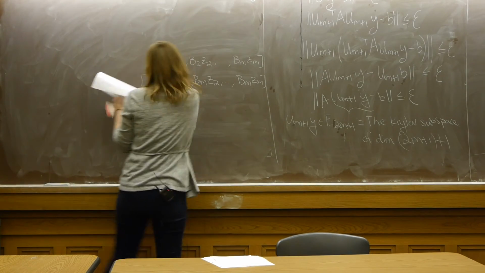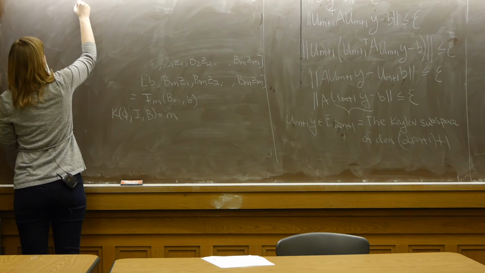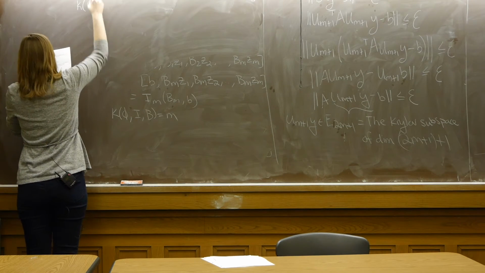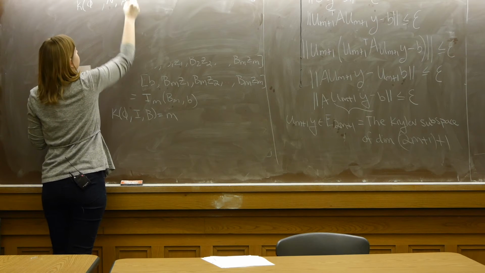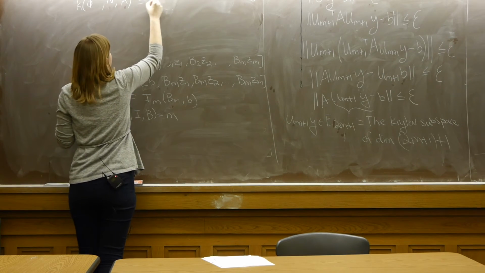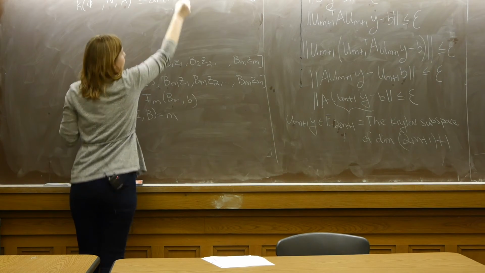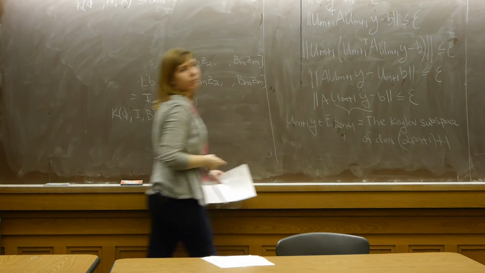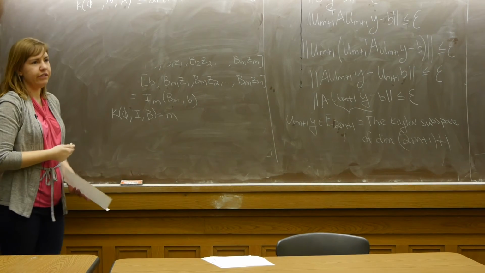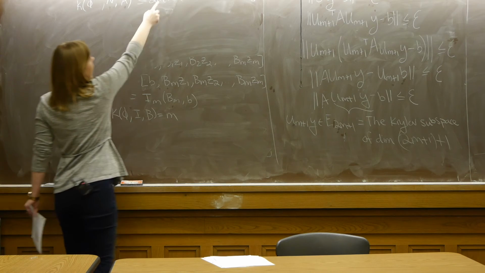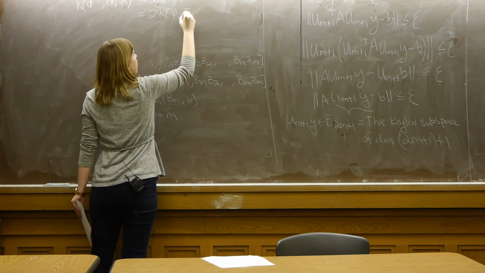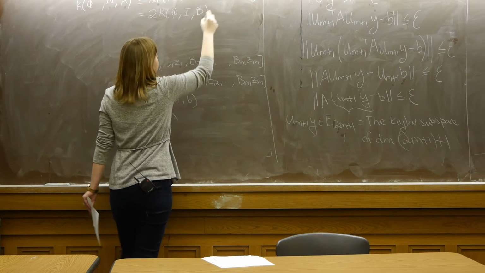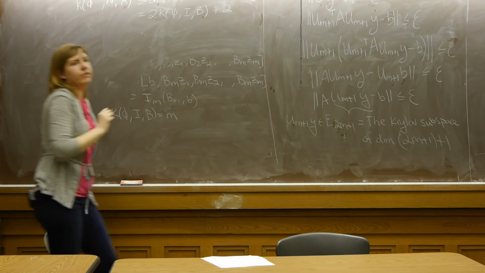So this means that the matrix index for MinRes with the Krylov subspace for the vector A finds a solution in at most this many steps, 2m plus 1 plus 1, or 2m plus 2. And m was equal to the matrix index for that matrix B, excuse me.